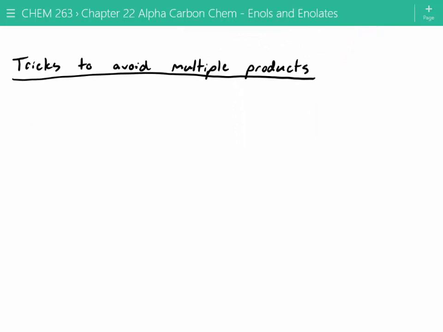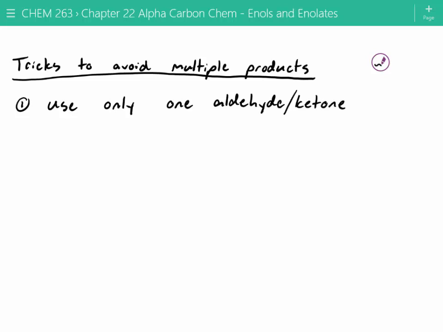All right, the first trick is use only one aldehyde or ketone. Right? If you only have one aldehyde or one ketone, you're only going to get one product. You only run into this when you use 2 different aldehydes or ketones.